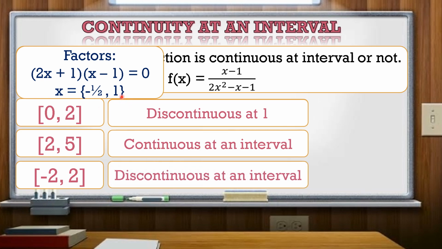Ganun din yung case kanina ng 1, di ba? Magiging indeterminate siya. And also, since part ng interval yung negative 1 half, by substitution, magiging undefined siya, then we can see that it is also asymptotic at x is equal to negative 1 half. Asymptotic kasi nga, papunta tayo sa negative infinity.